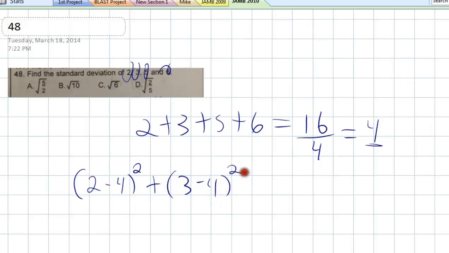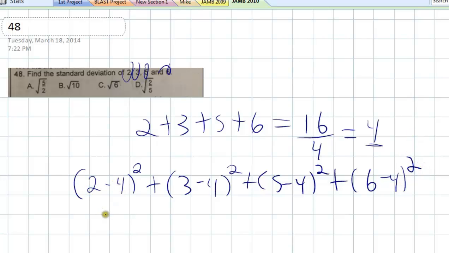3 minus 4 squared plus 5 minus 4 squared plus 6 minus 4 squared. So then 2 minus 4, like I said, was negative 2 squared plus negative 1 squared plus 1 squared plus 2 squared.